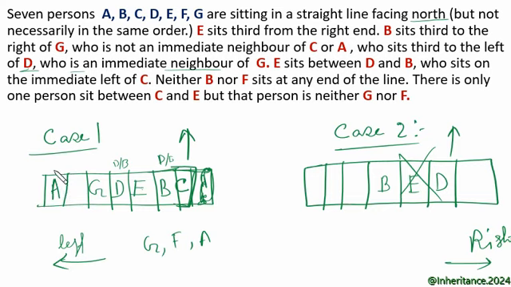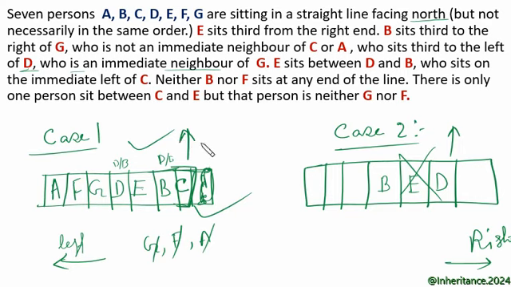If we place A here, then only one member is left, which is F. So now place F here and it is already solved. Okay, I hope you like this approach. This is how we approach a linear sitting arrangement problem.